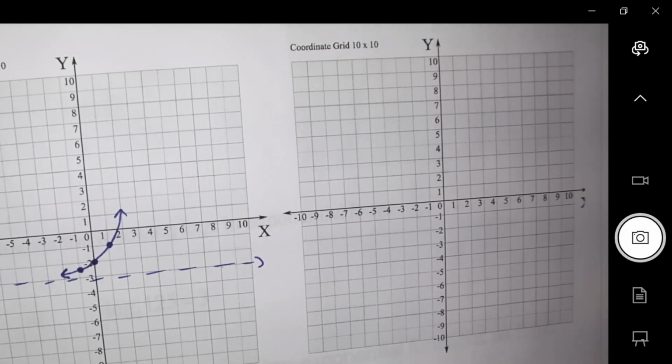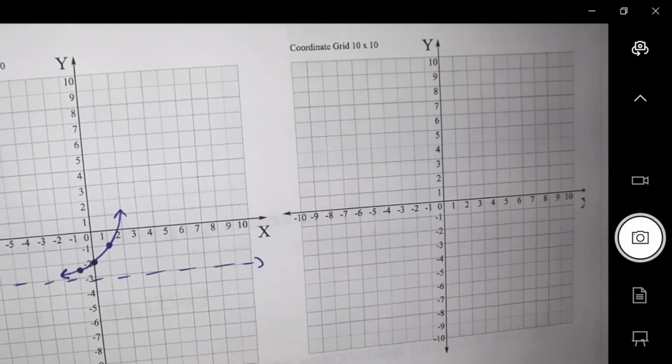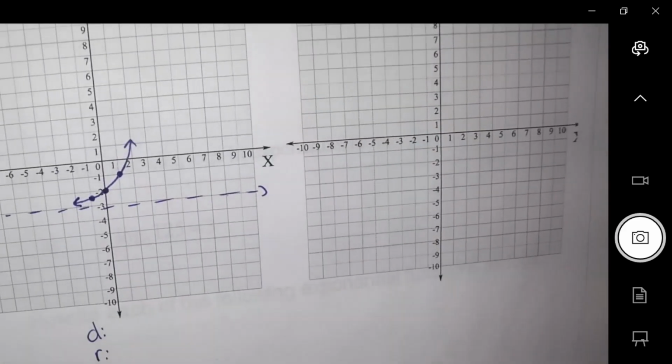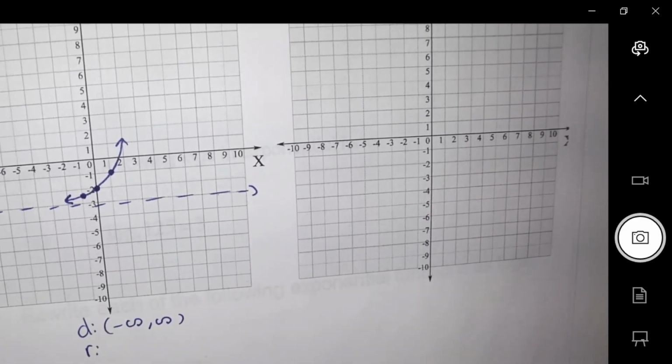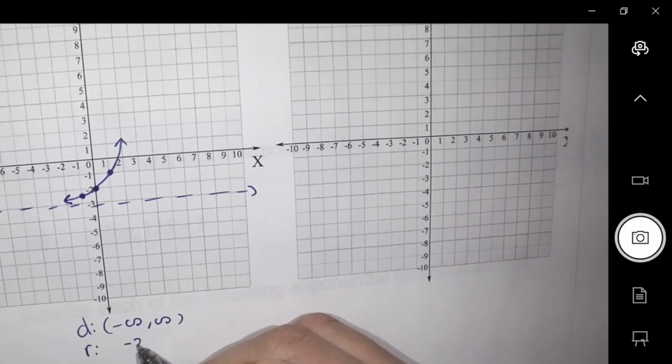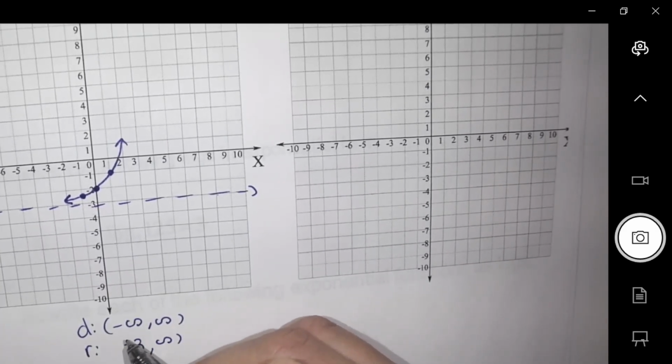It's a graph that's increasing because our base was larger than 1. Domain, range. So the domain is -infinity to infinity, and the range is -3 to infinity with a, what kind of bracket? Round.